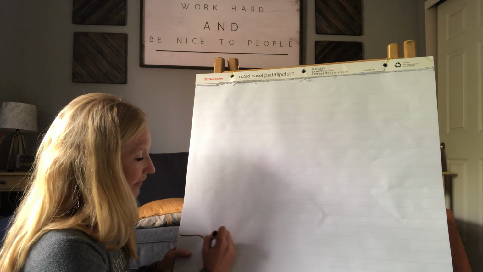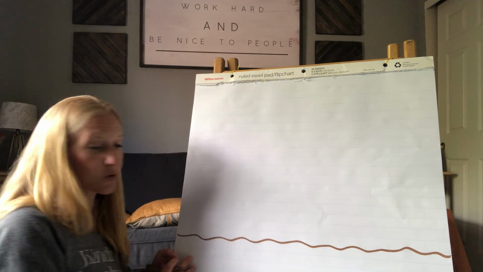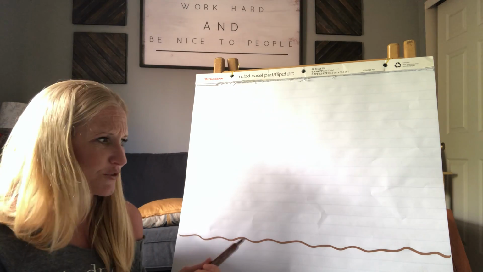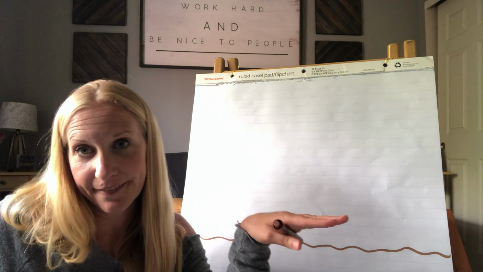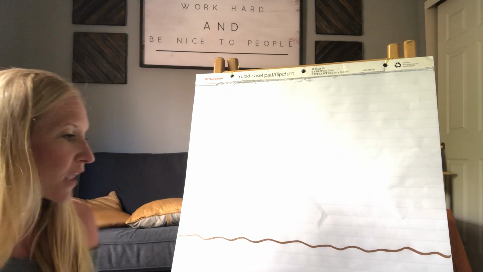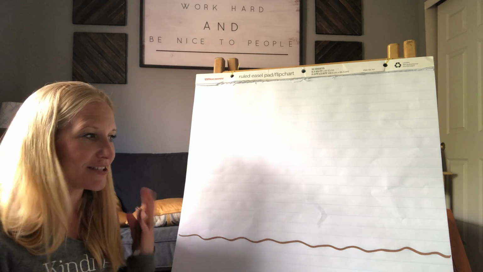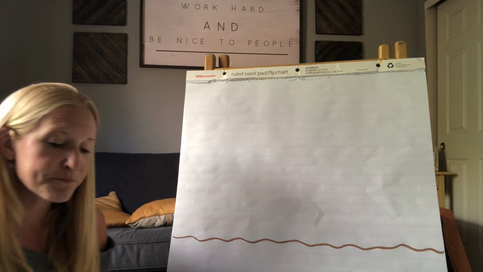So my soil line is going to go all the way across my paper. And it's definitely not going to be straight because most dirt isn't a completely straight line. It's not cement. So go ahead and leave it like this, and you can color it and design it all later. This is for our diagram, okay?